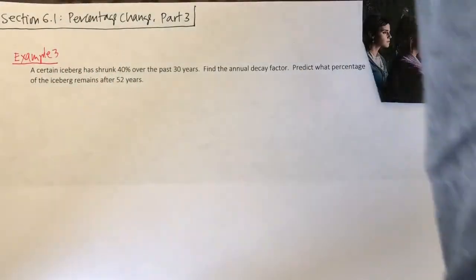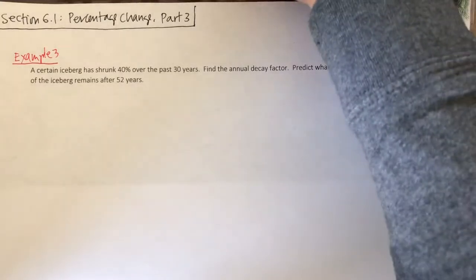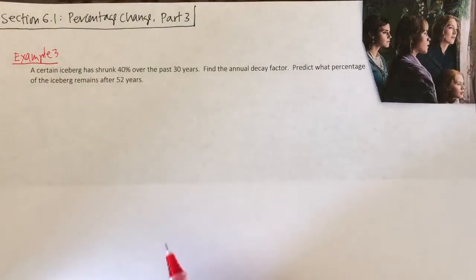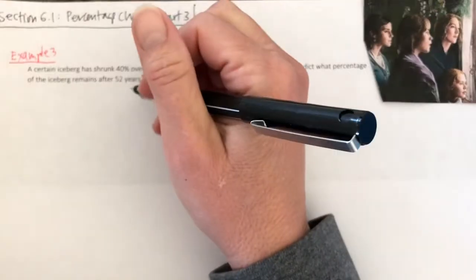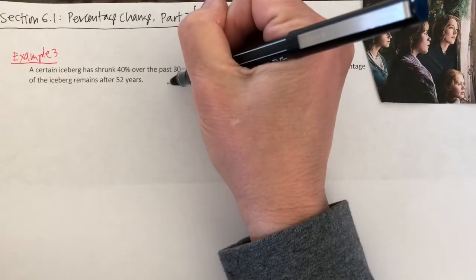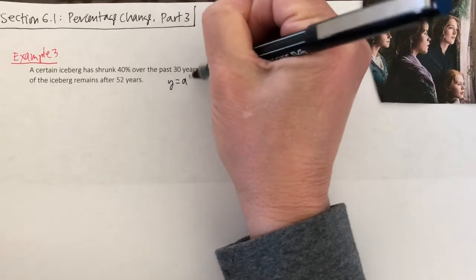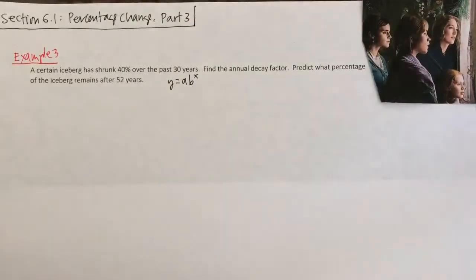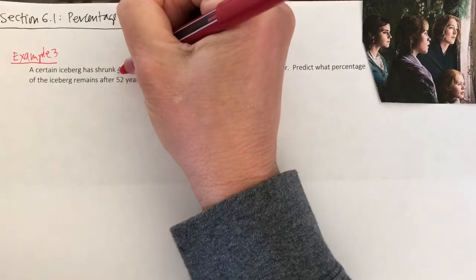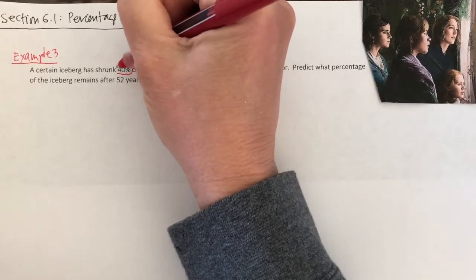So I'm going to do my best. I'm just going to write down the information that I do know. I know that I want to use y equals ab to the x because of this percentage change.